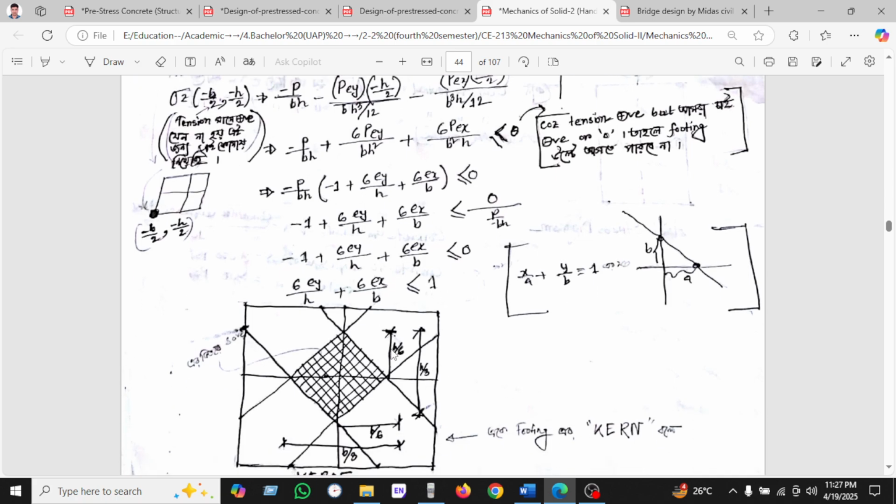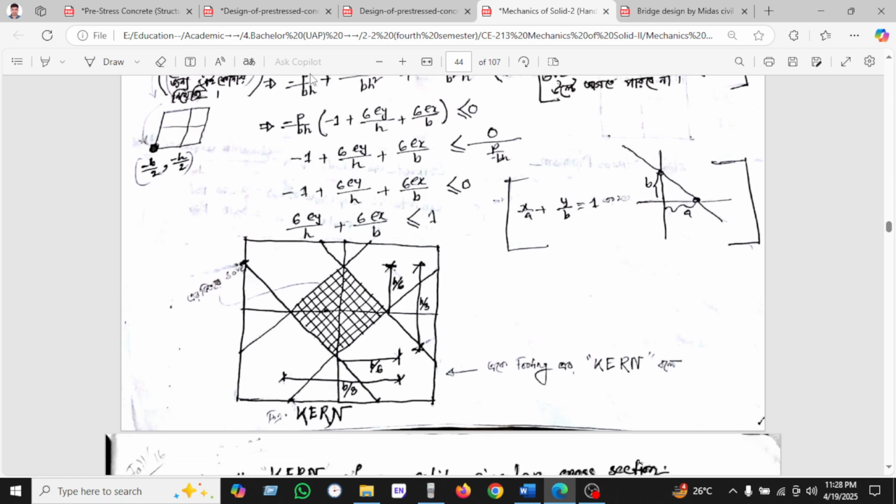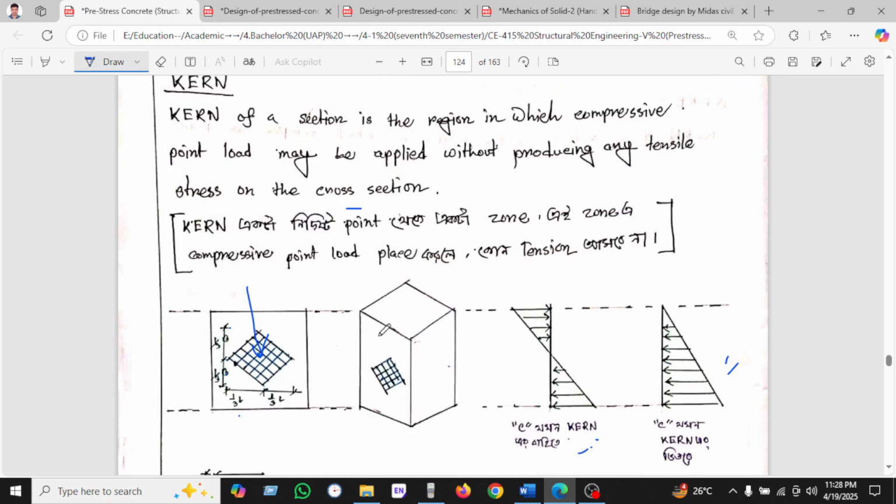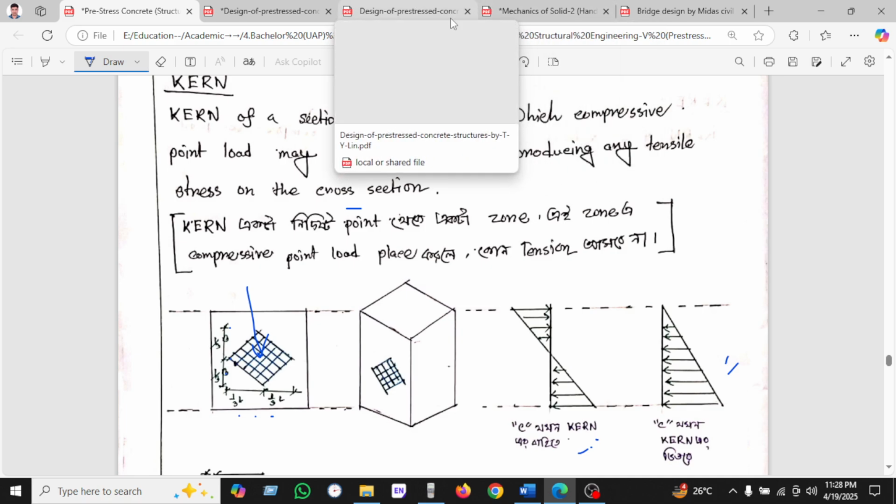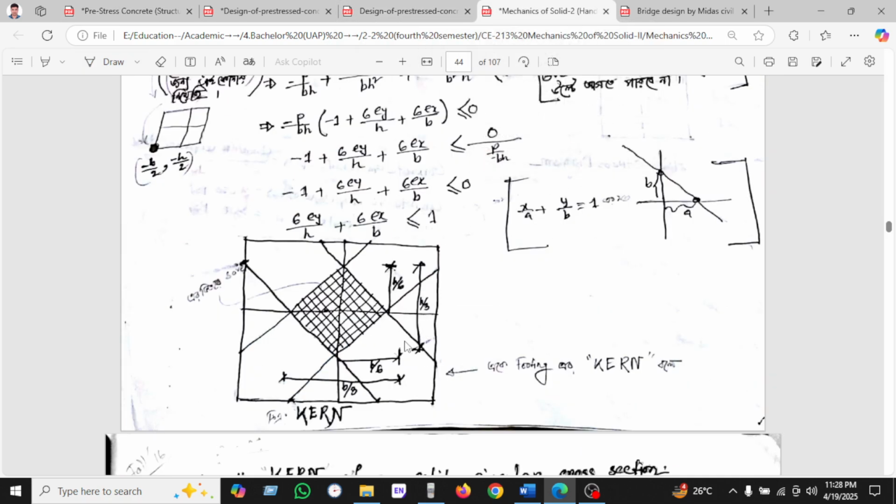So we have been seeing this is 6 divided by 2. That means if we calculate 6 divided by 2 and 6 divided by 2, that will be H by 3, and this will be H by 3. That's why I have shown here, and it will be L by 3, L by 3, and L by 3. 6 divided by 2 and 6 divided by 2, it will be H by 3 or L by 3.